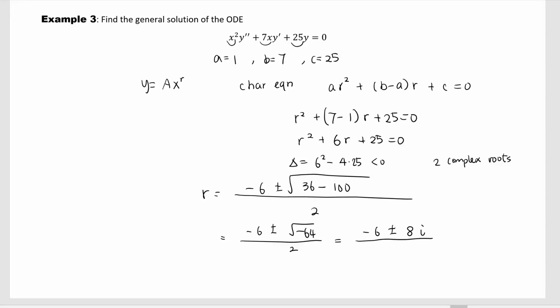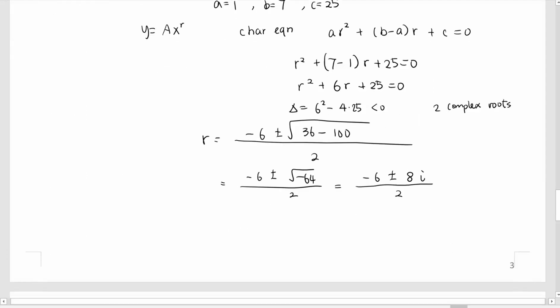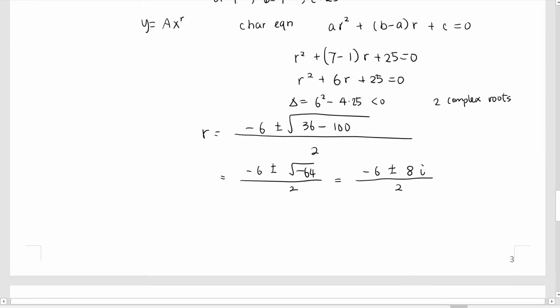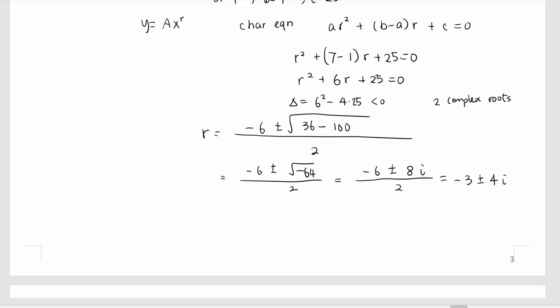So this is where the complex number comes into play. The square root of minus 1 is i. We divide by 2 and get negative 3 plus or minus 4i. This is the real part, and this is the imaginary part. All right, so what is our formula?